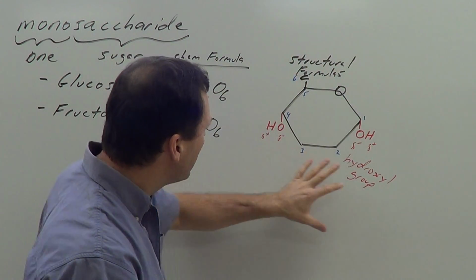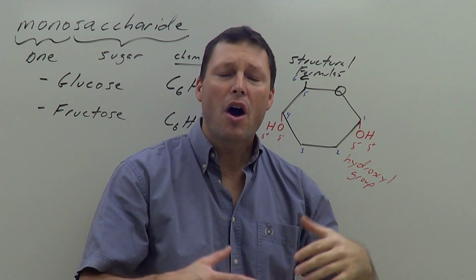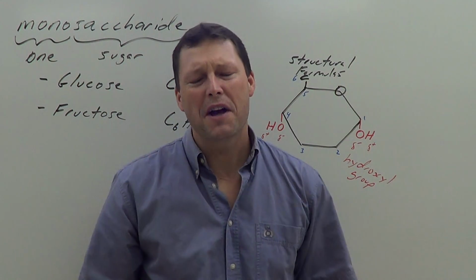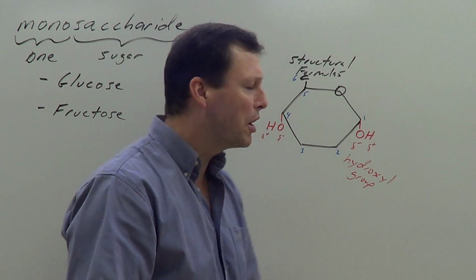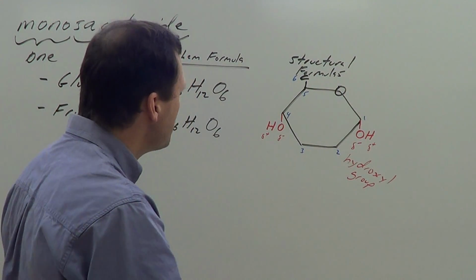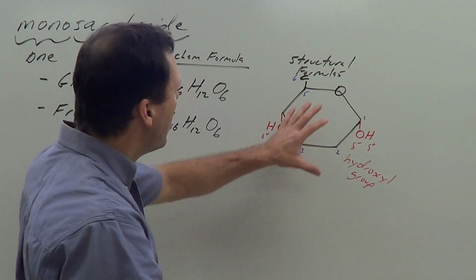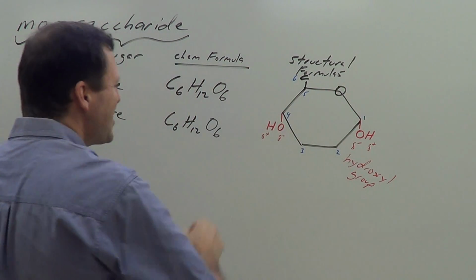We're only going to draw the most important parts of glucose. And then the other parts, they're there, but we're just not going to draw them, just for convenience and simplicity's sake. All right, so this is sort of the skeleton structure of glucose. And you can see that it's actually a hexagon.